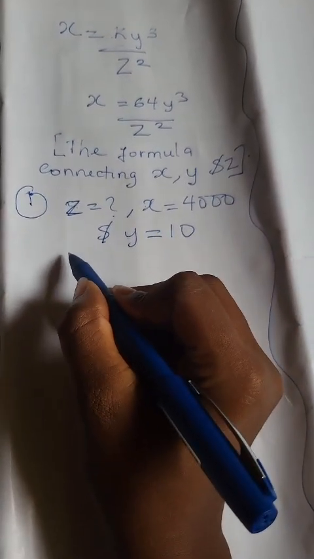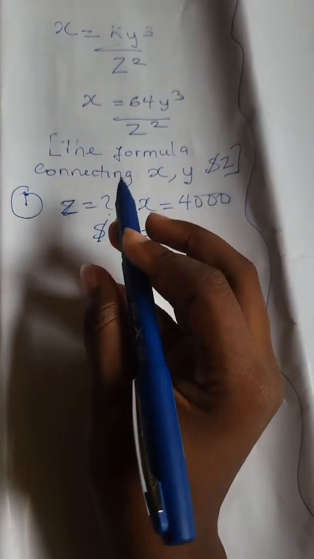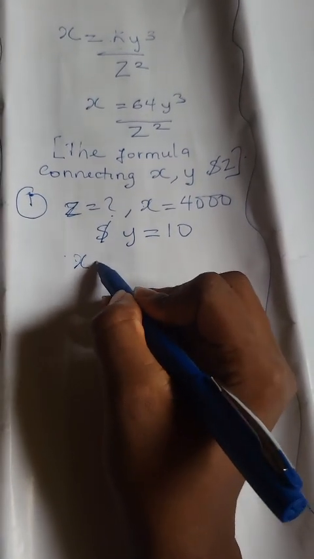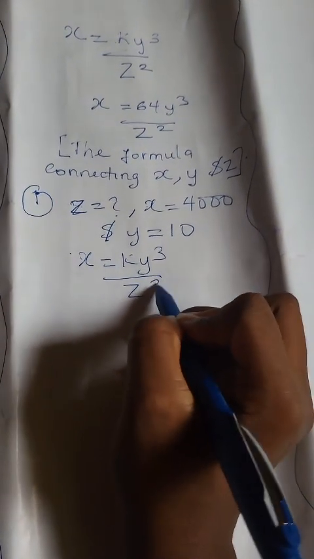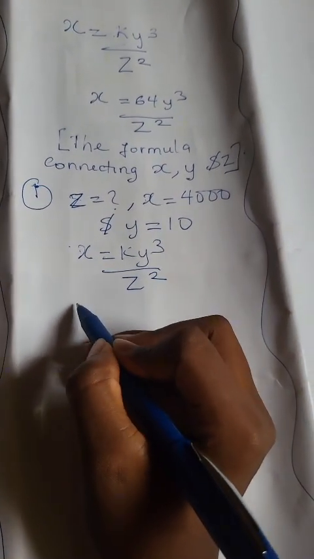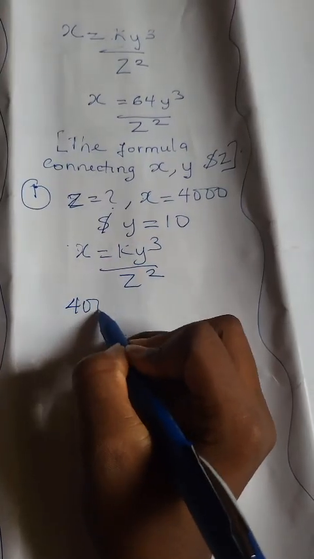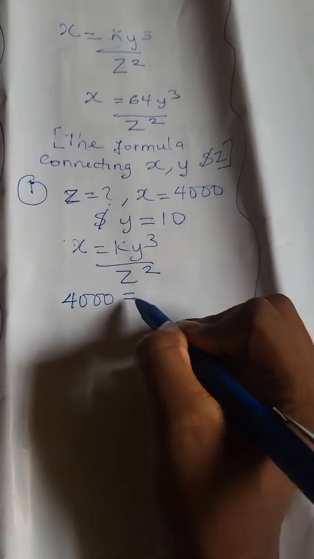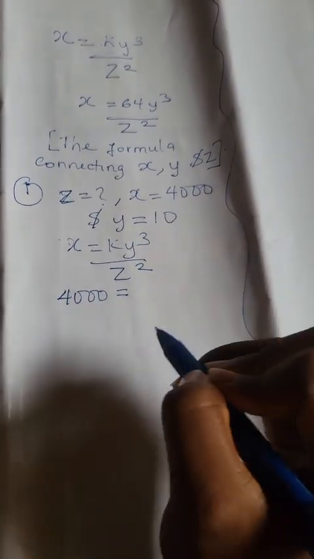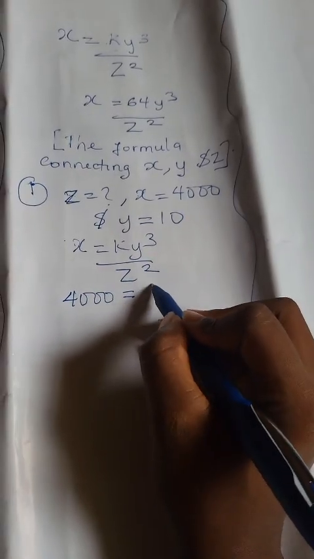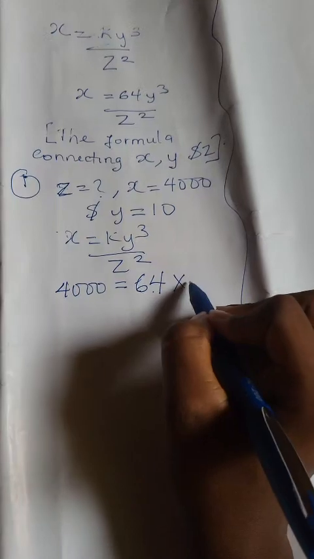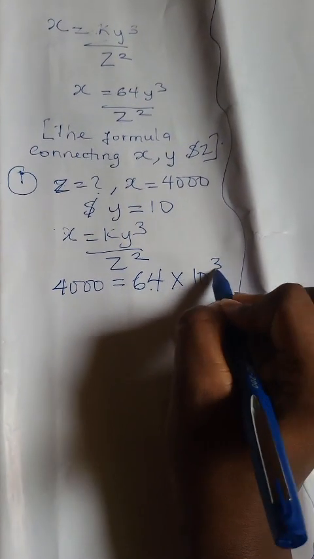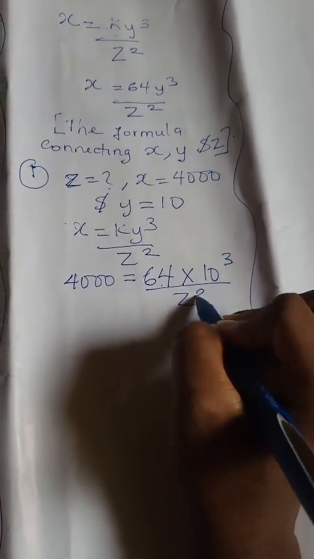So our z will now be, from the formula, x is equals to ky cube over z squared. X is 4,000 now. K is a constant, it doesn't change. So the value we got in the beginning, which is 64, is what we are still going to use. So k is 64 times y, they said is 10 raised to power 3 over z squared, cross multiplied.